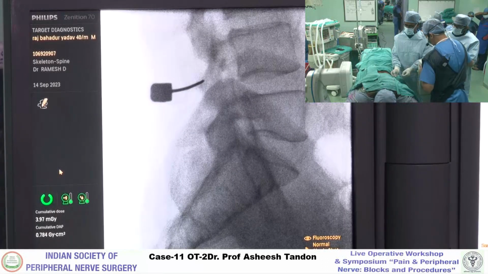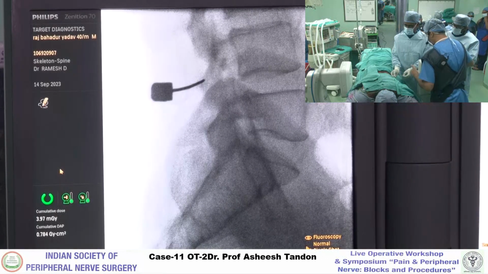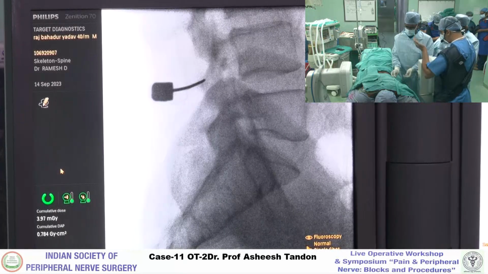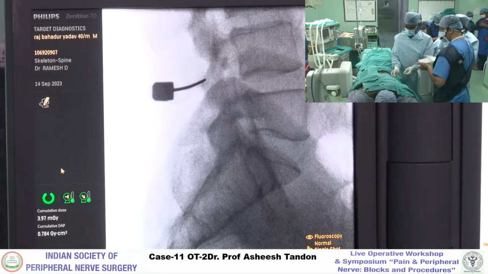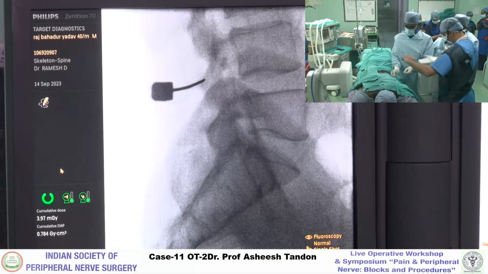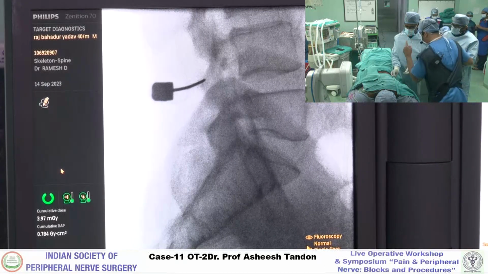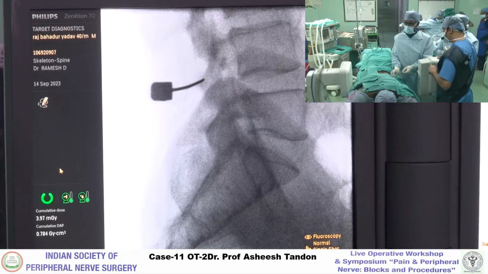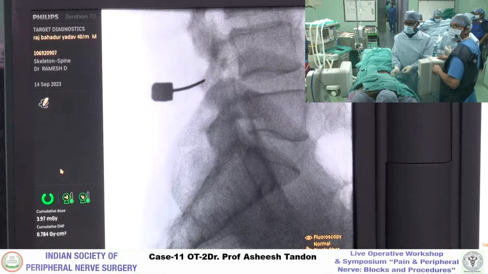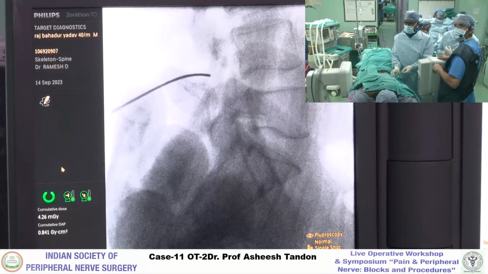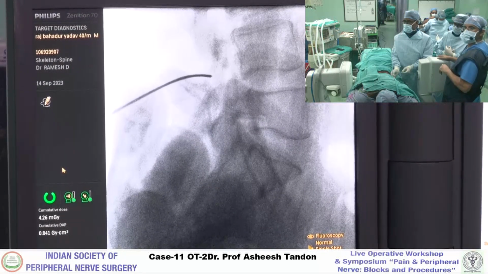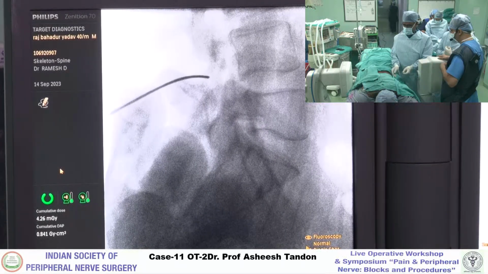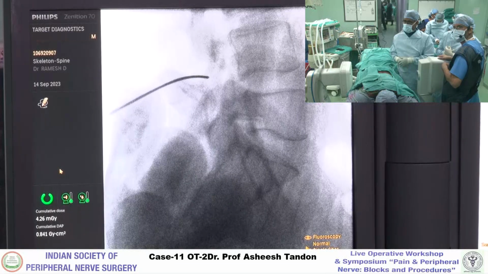About 2 inches further. Yeah, now take the bevel down, lift the needle up, now go in. No, bevel pointing up. Yeah, now go. Yes, shoot, show once. Your hand is coming, you'll have to remove your hand. Okay, shoot.